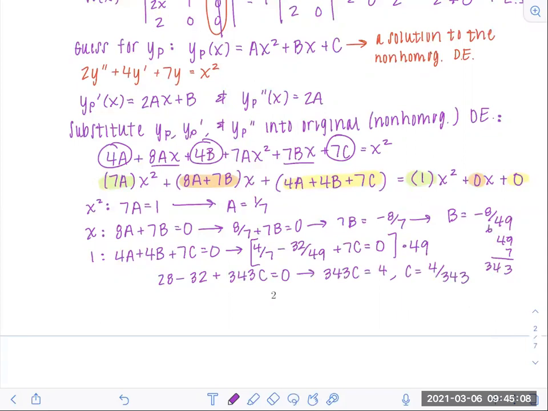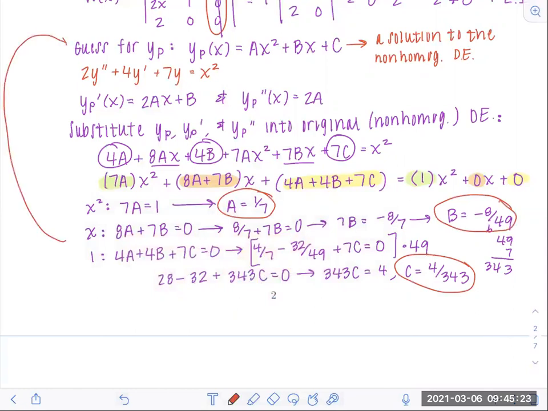So now we're just going to take our a, our b, and our c, and plug them back into our guess for our particular solution way up here that has a, b, and c.